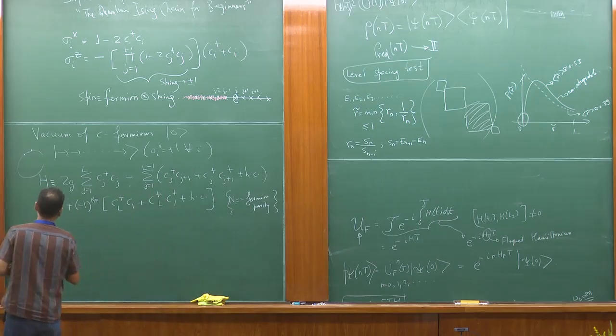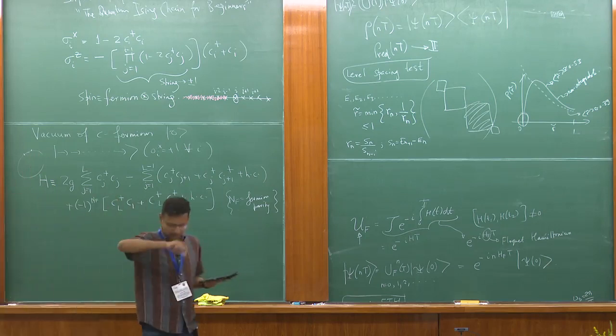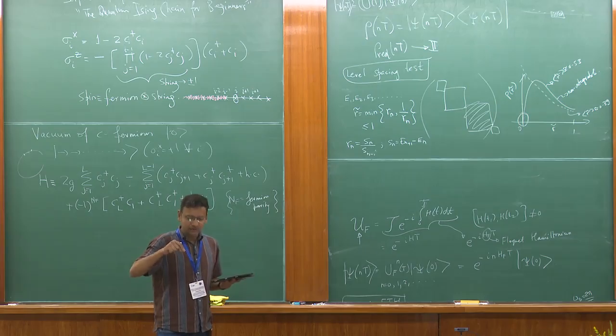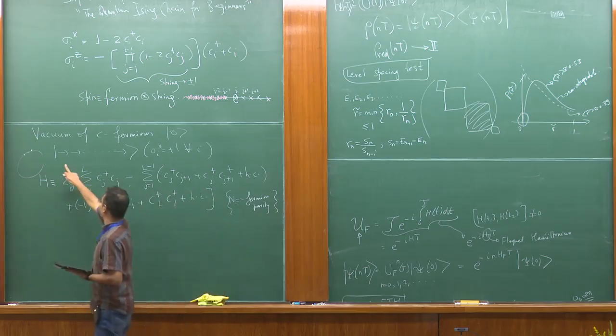Okay. Now, one thing which you can try to understand yourself, or read these references, is this: if you take a finite chain like this on a periodic ring, and you solve for the ground state at any coupling G, for G tending to infinity it's very easy because this is the ground state.